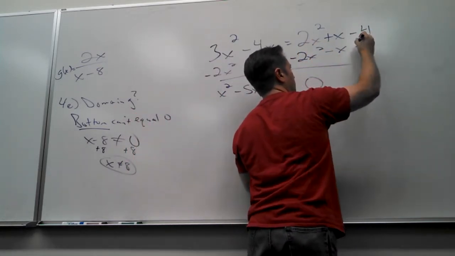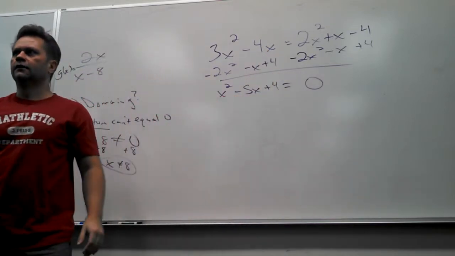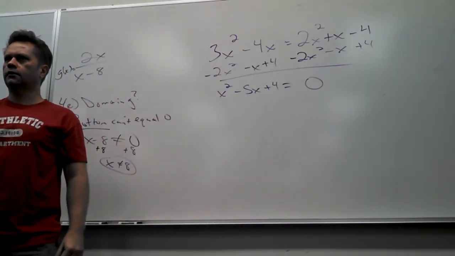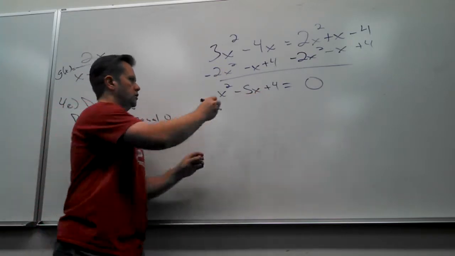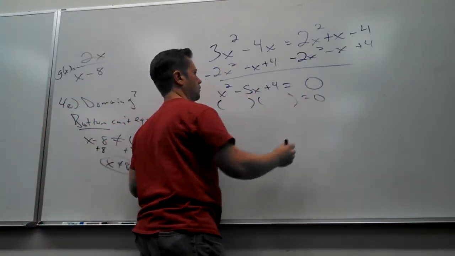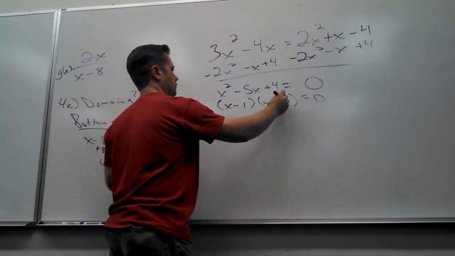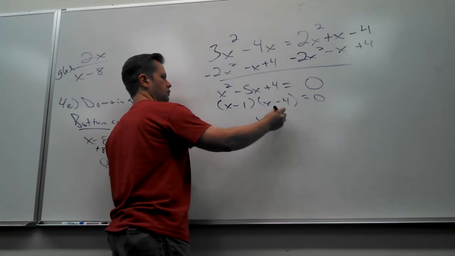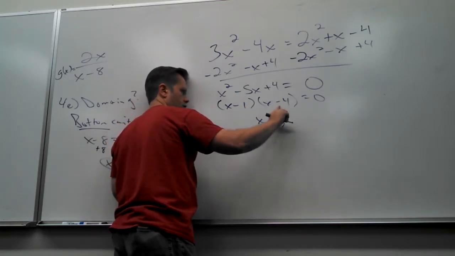So give me a break here. I was trying to make one up in my head. It should really be like that to make it work. All right. And then what do I do with this? Factor, yeah. Negative 4 and 1. Yeah. So x equals 1.